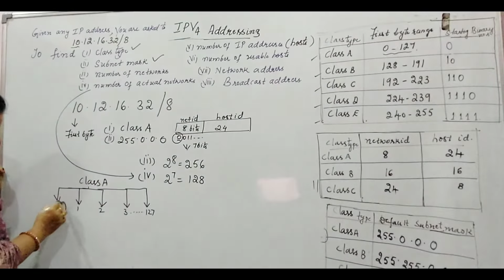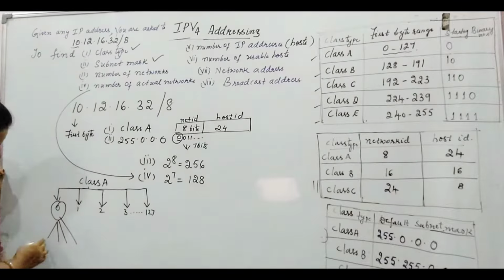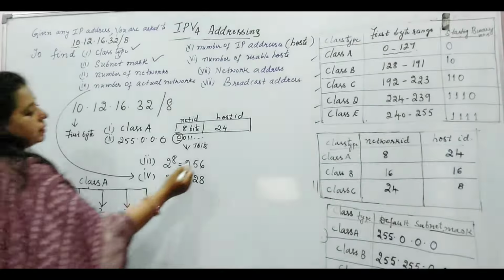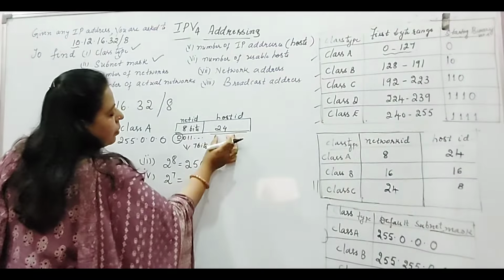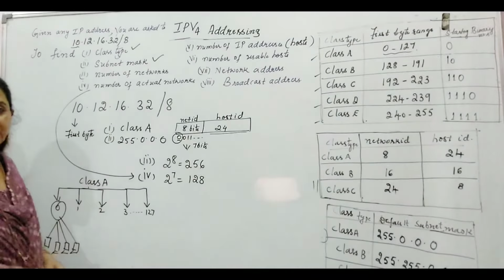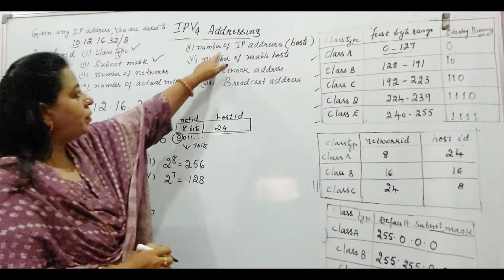Now in each of these networks, you will have different hosts. So how many hosts are possible in each network? That is represented by the number of bits in the host ID part, and it is how much? 24 bits. So you can easily find out the number of hosts.